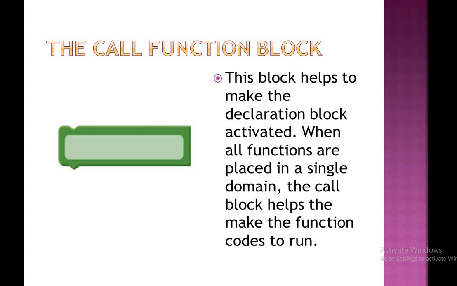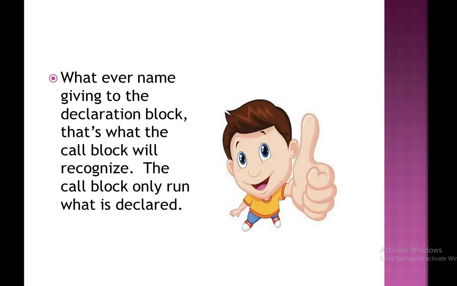After the function block has been declared, which is given a name, and smaller pieces of blocks or codes are already placed inside it, it is the help of the call block that makes the function block able to be activated, to run smoothly, to work.